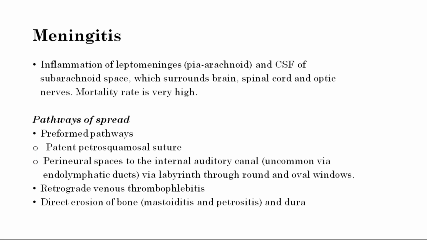From there it goes to the meninges. The route via the endolymphatic sac is rare. It may also be a result of retrograde venous thrombophlebitis, or direct erosion of bone as a result of mastoiditis or petrositis. So mastoiditis or petrositis can also lead to meningitis.